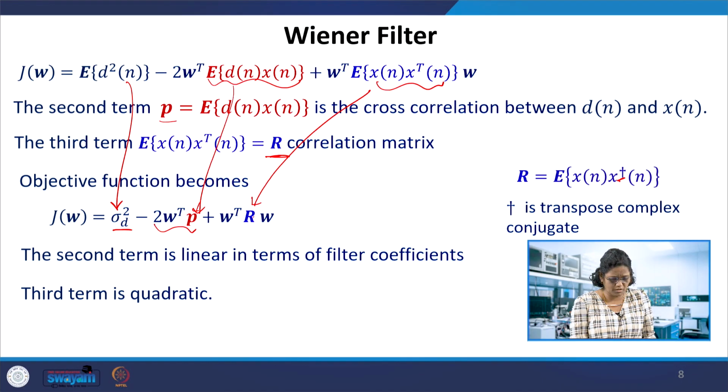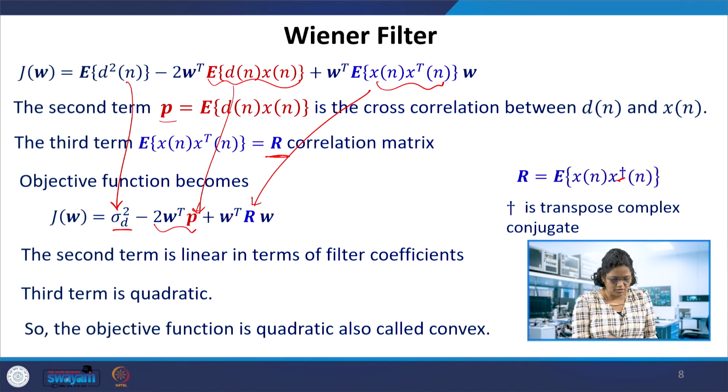This third term is quadratic, W transpose R W. So the objective function is now a quadratic function, and it is also convex.